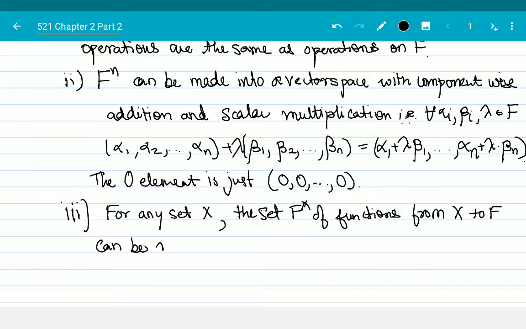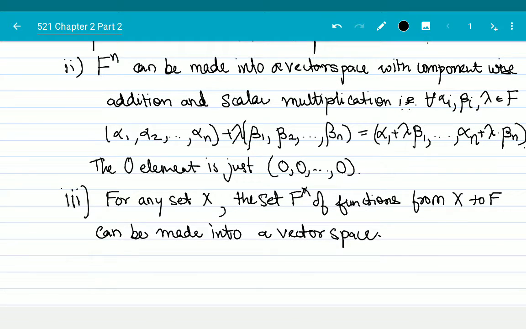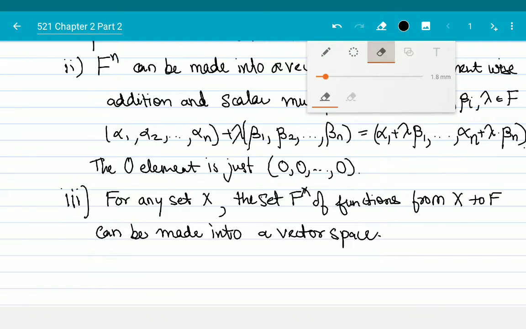A special note: the previous example, example 2, is a very special case of example 3, where my set X is just 1 to n.